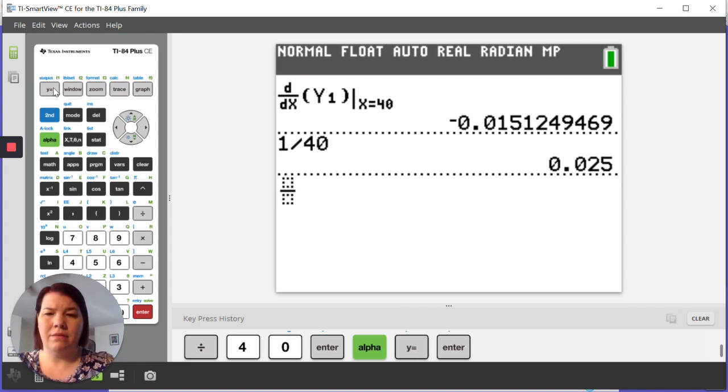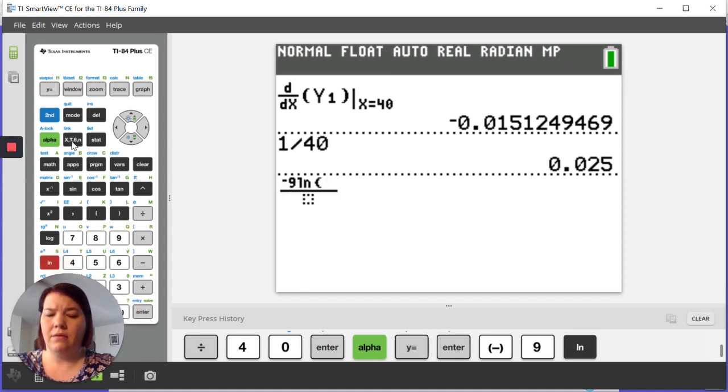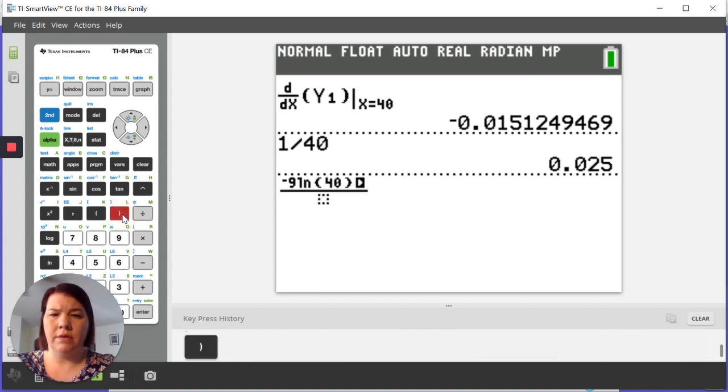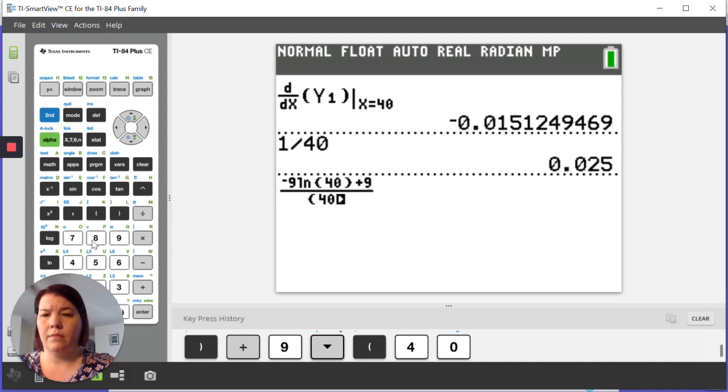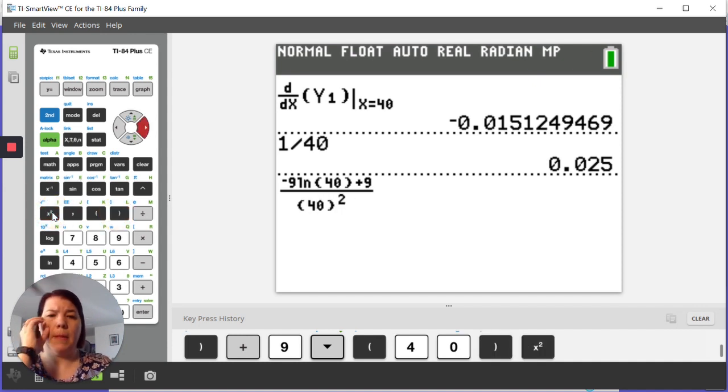Negative 9 ln of x, close parentheses, plus 9 over x squared. Right?